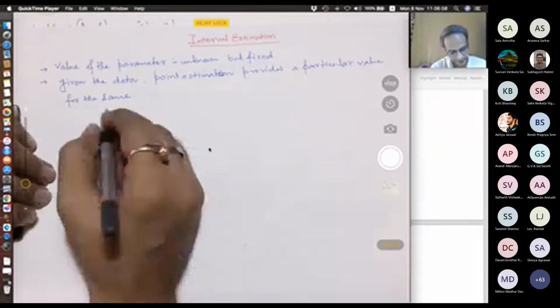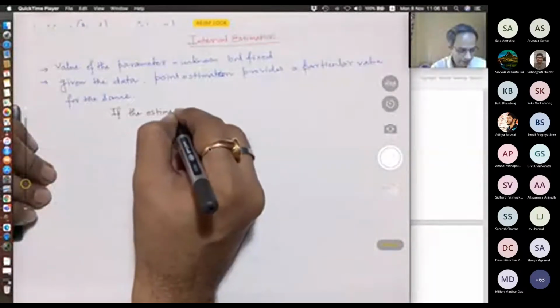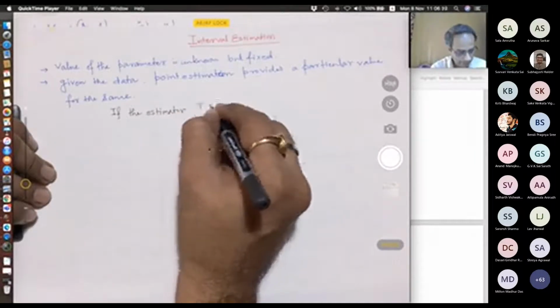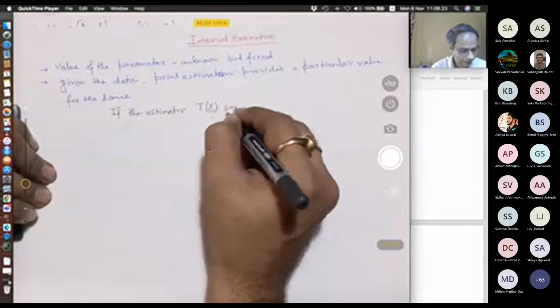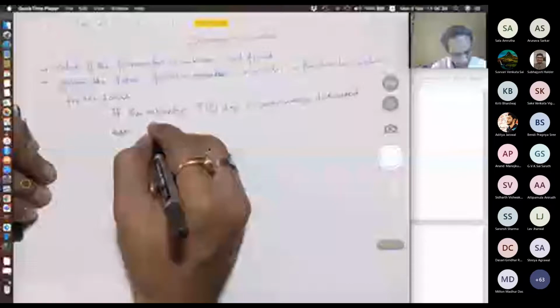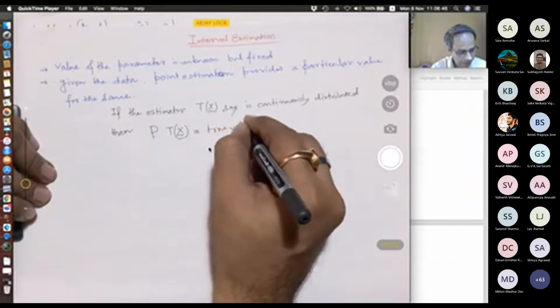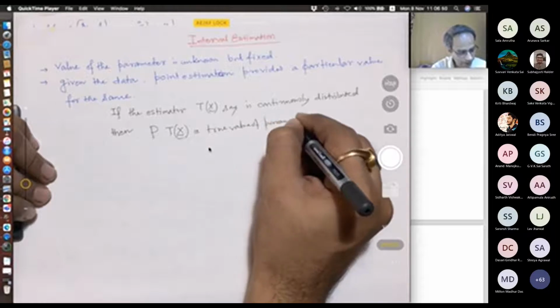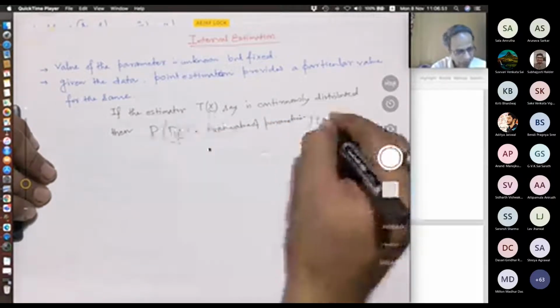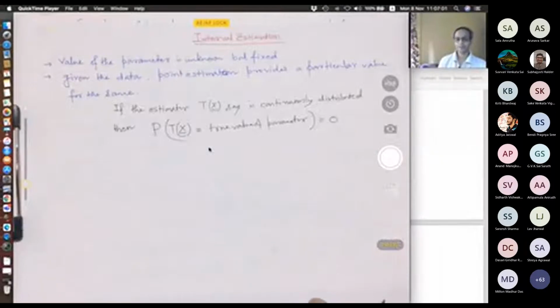But say, for example, if the estimator Tx is continuously distributed, then the probability of Tx equal to the true value of the parameter will happen with probability 0. And that is not very much recommended.